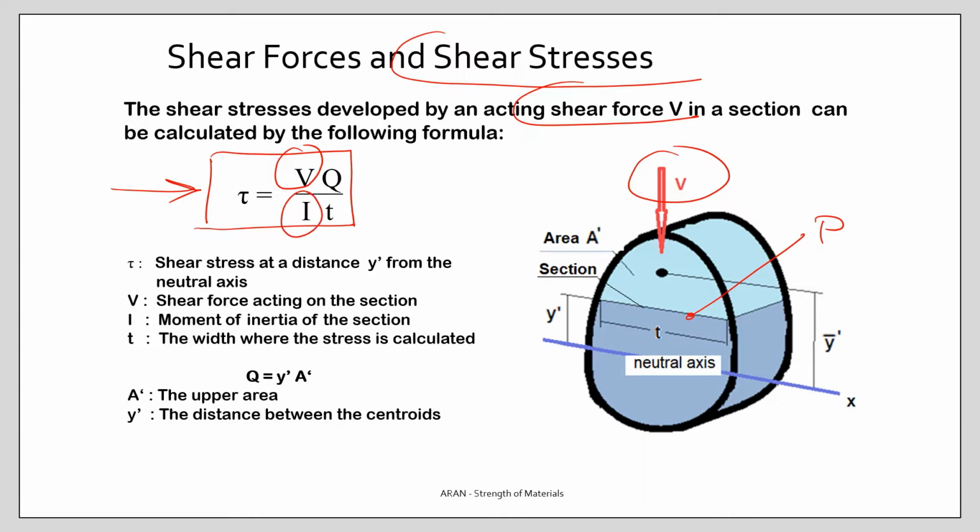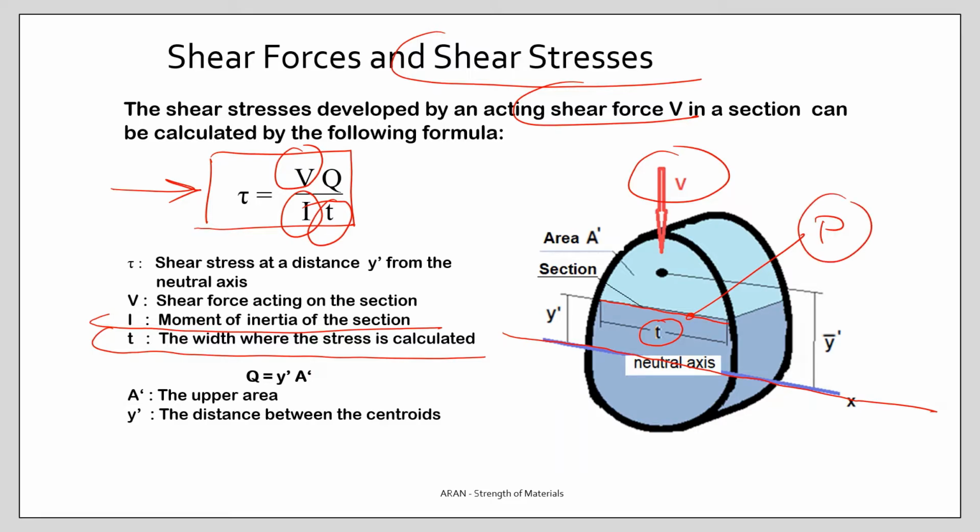I is the moment of inertia for the neutral axis of the section. t is the width where the stress has to be calculated, namely at point P, when you draw a line through point P parallel to the neutral axis.